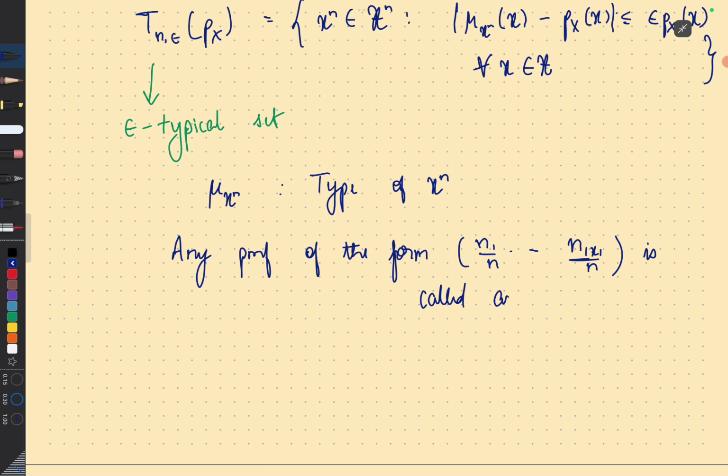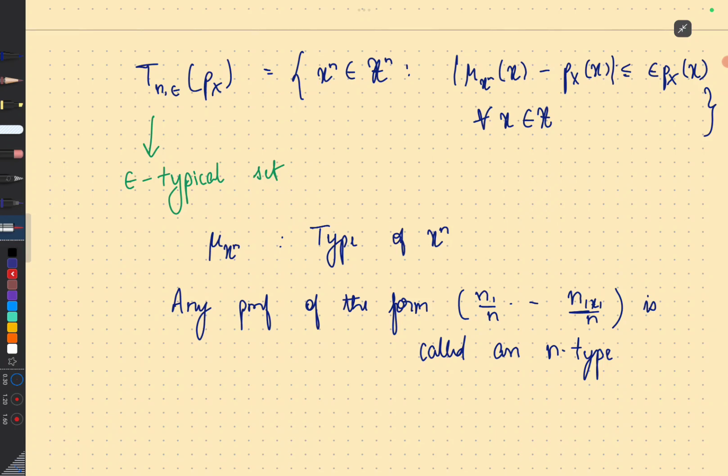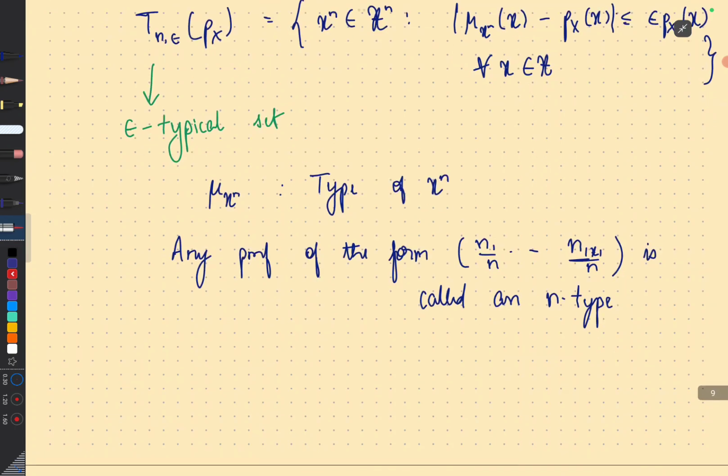More specifically, we'll call it an n type because the denominator is equal to n. Basically, if you have a sequence of length n, then the corresponding type will be an n type. Okay, just some terminology. There's nothing substantially new that I'm saying over here. I'm just establishing some notation that will make things easy later on.